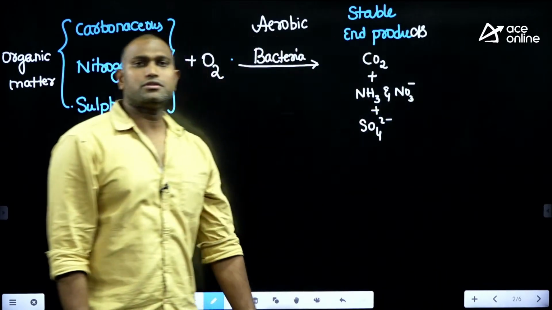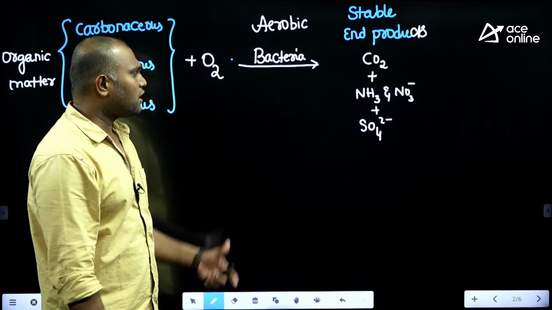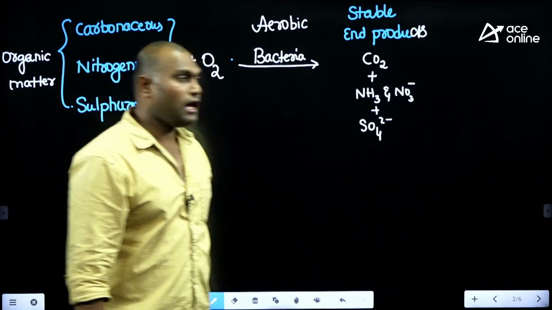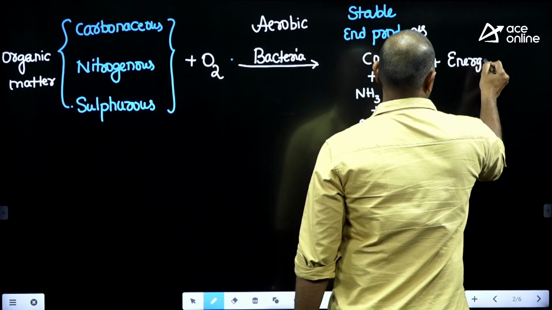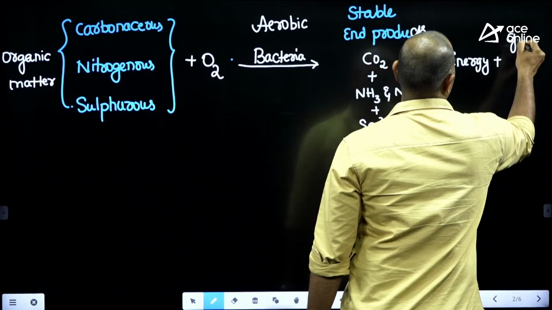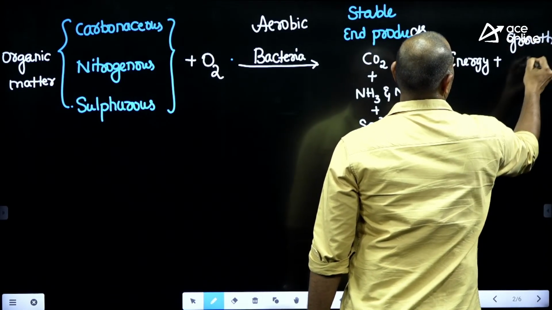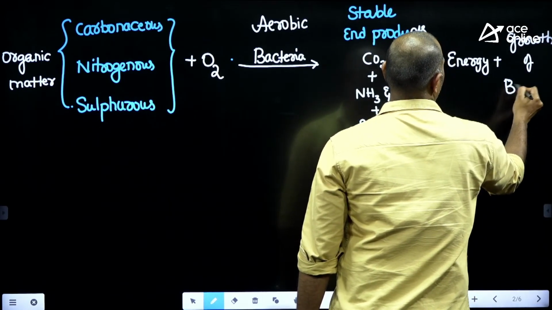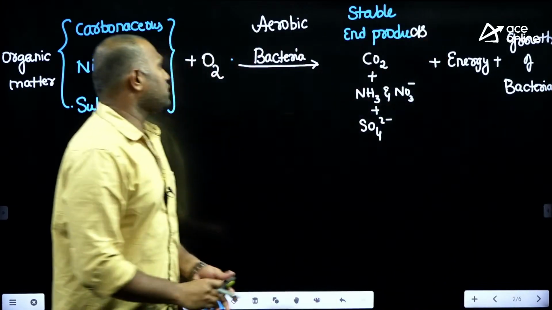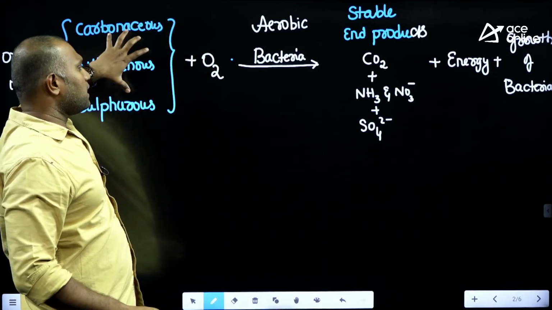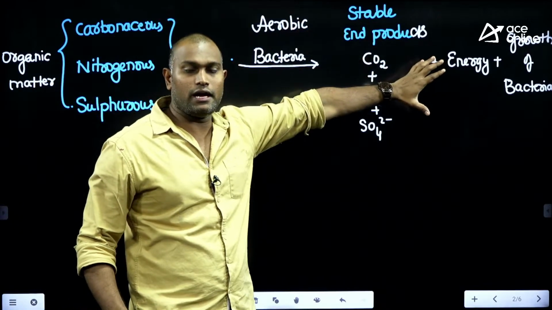Along with this, it releases some amount of energy plus growth of microbes or bacteria. So the aerobic bacteria does this chemical reaction and produces these end products.